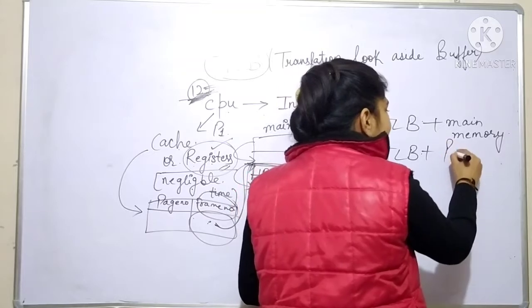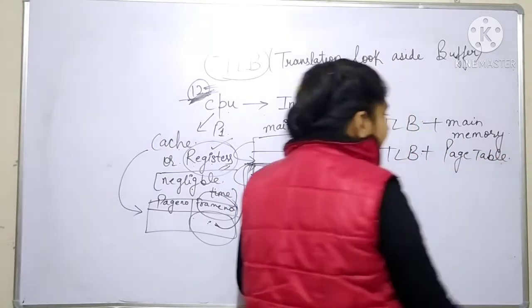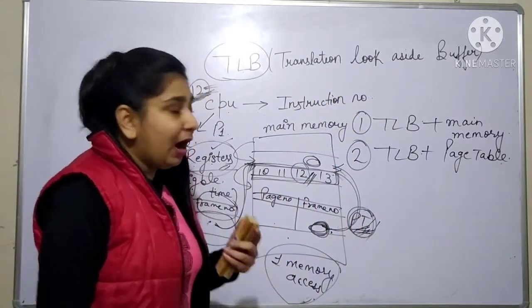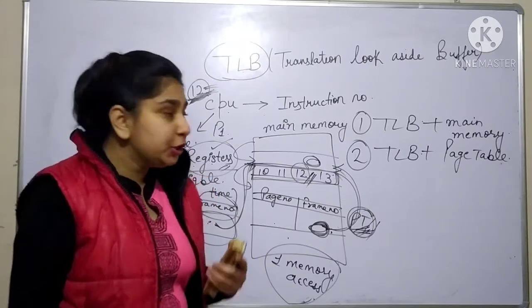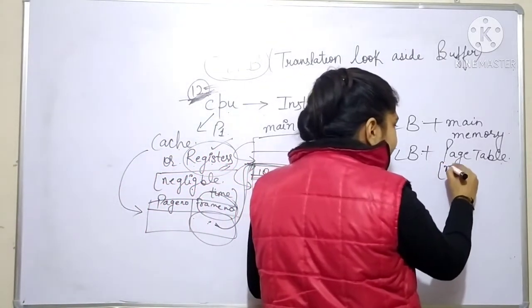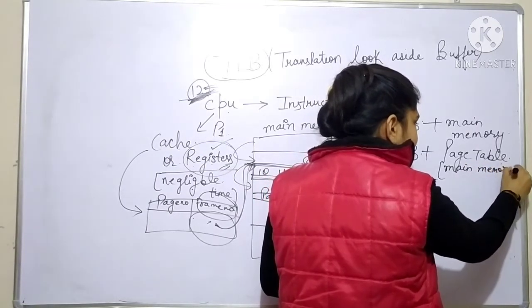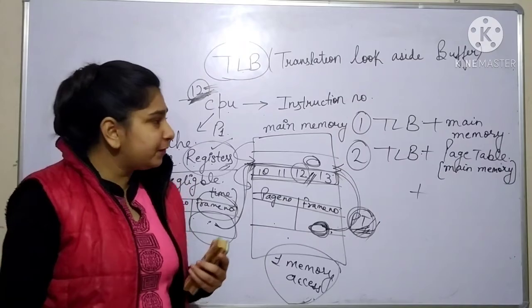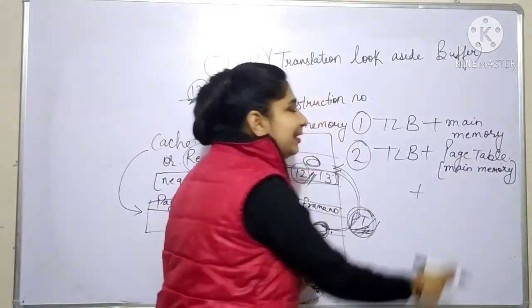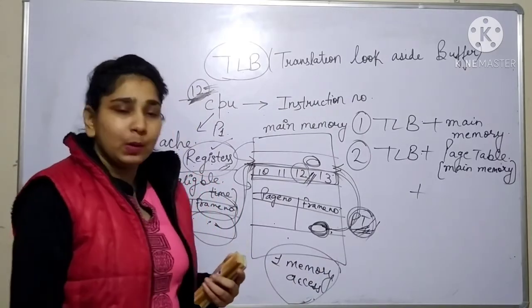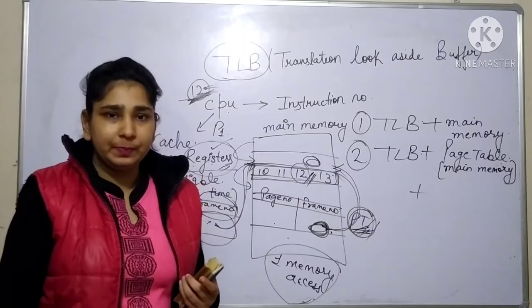We will access the page table in main memory. You will be accessing main memory depending upon the levels of your page table. After accessing the main memory on the basis of the levels of your page table, you will get the frame number.